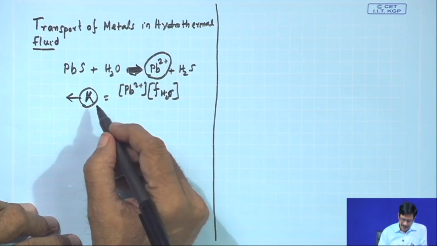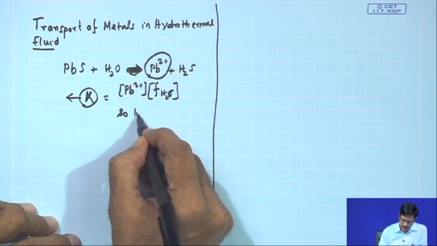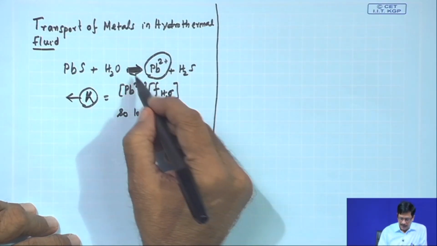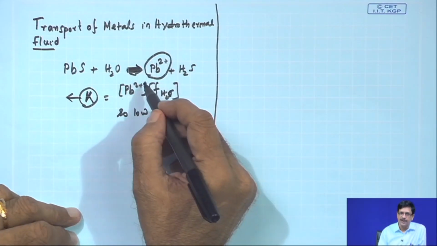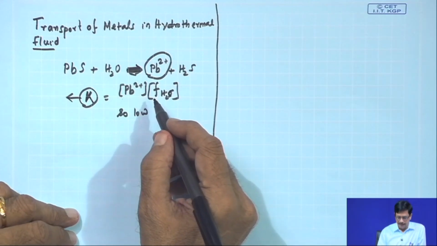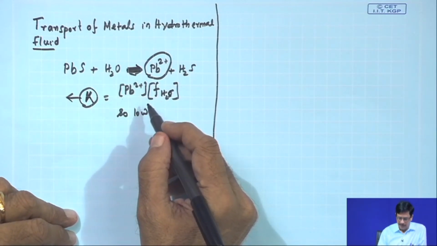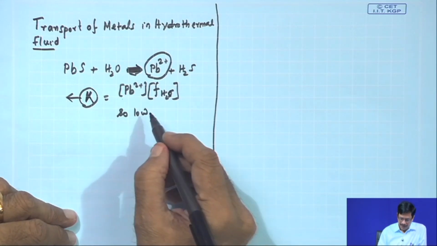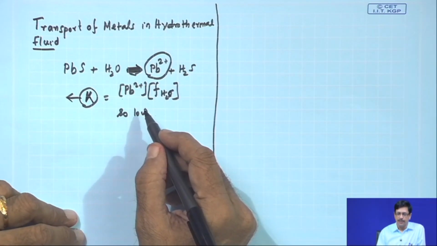What we observe is that this K value is so low that it leads to a very small concentration of this ion as lead 2+, or for that matter whichever ion we consider, lead, copper, zinc or any of the metals of our interest. If the metals are to be transported as metallic ions, then it would not be possible to get their deposits.